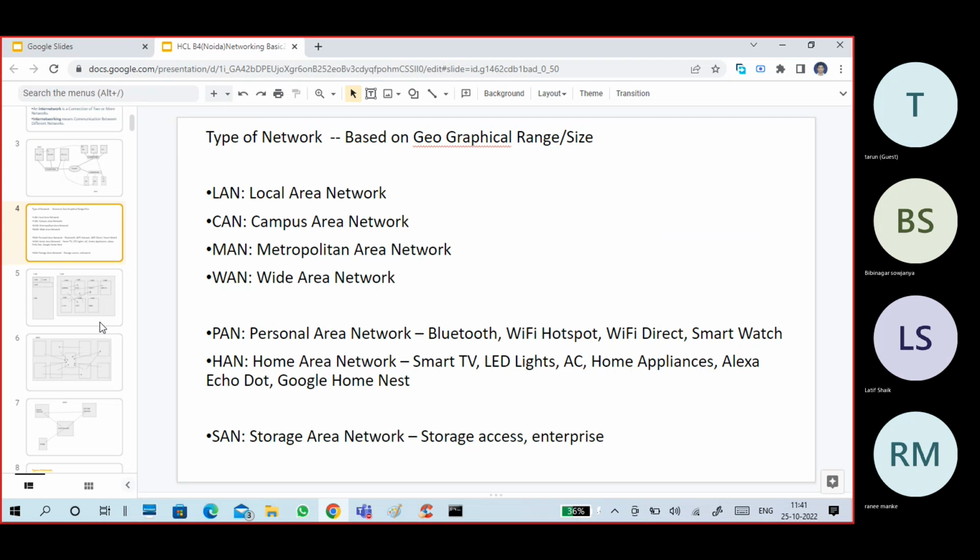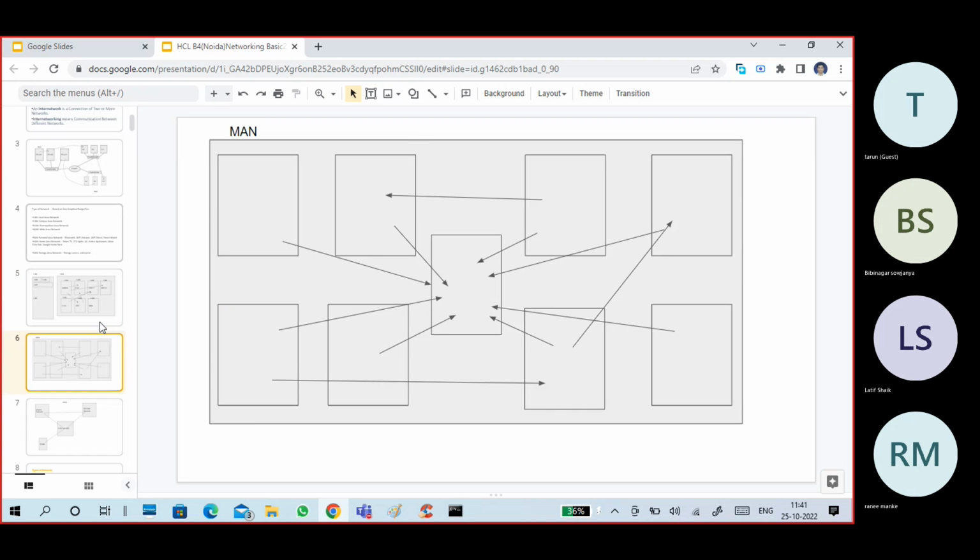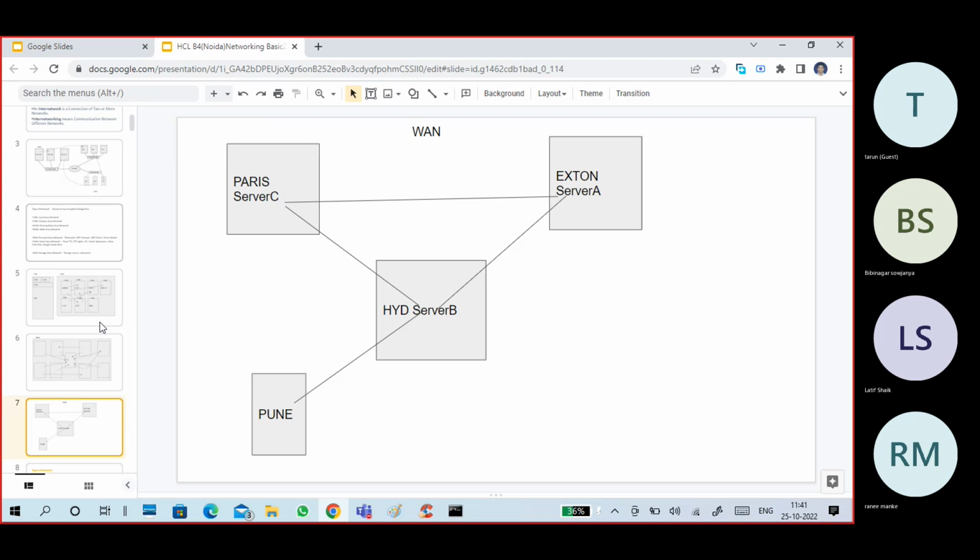Okay, wide area network. Wide area network is a global network. For example, a company having offices in Hyderabad, Pune, Bangalore, Chennai, or maybe Sri Lanka, maybe New Jersey, Exton. So we have offices in different places.